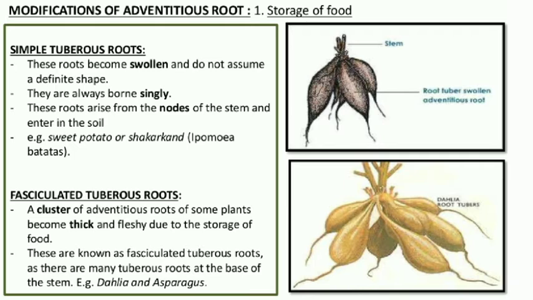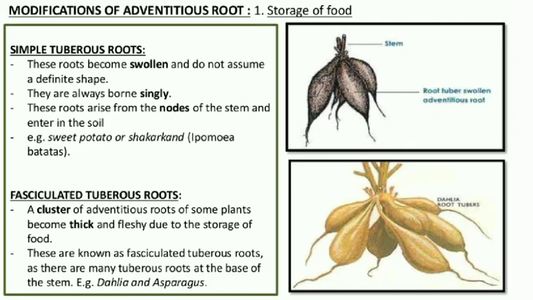Means the roots arising at the node on the stem become fleshy, and the fleshy nature is due to the storage of food. These roots are called fasciculated tuberous roots, as there are many tuberous roots at the base of the stem. The best examples are Dahlia and asparagus, both are different.